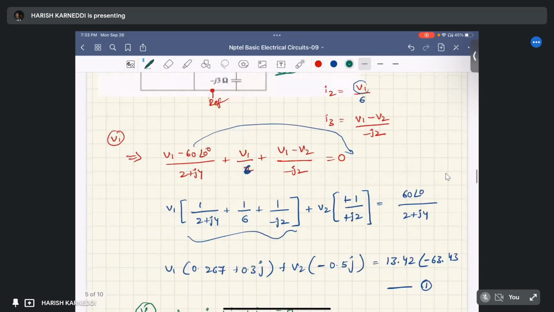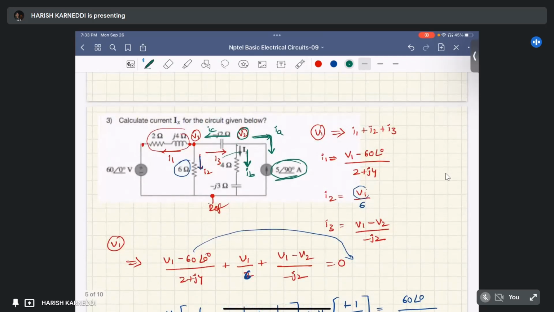What about IC? IC equals the current flowing from V2 to V1. This is our IC. What about the potential difference across this minus j2 ohm capacitor? It is V2 minus V1, right? Because we are assuming the direction of the current is flowing from V2 to V1. So our greater potential is V2 and lesser potential is V1.